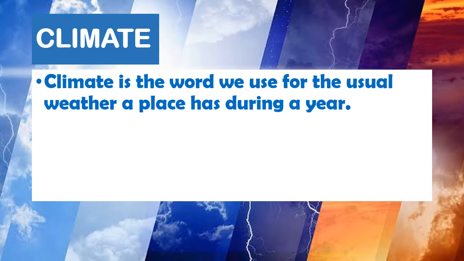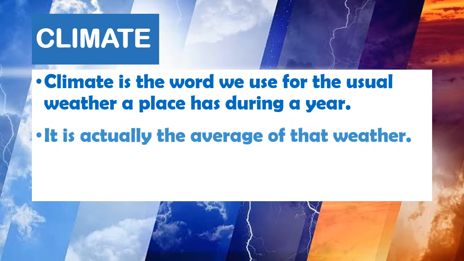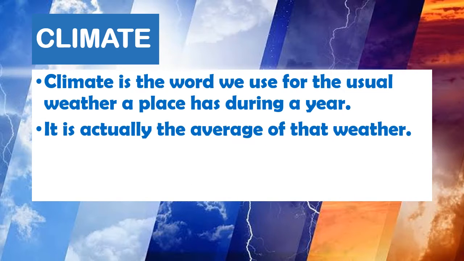While in some places very little rain falls during the year, the land is hard and dry and the temperature is usually hot in the day and cool at night. We say these places have different climates. Climate is actually the average of that weather.